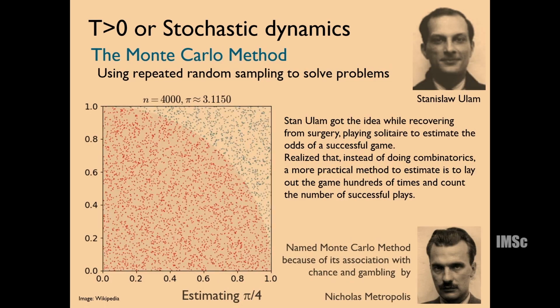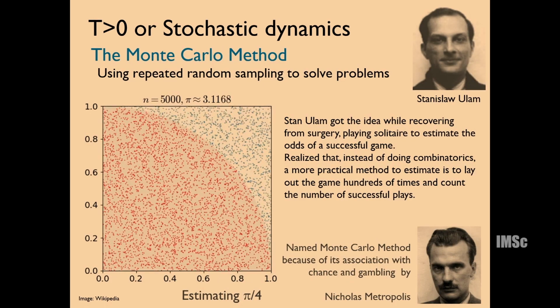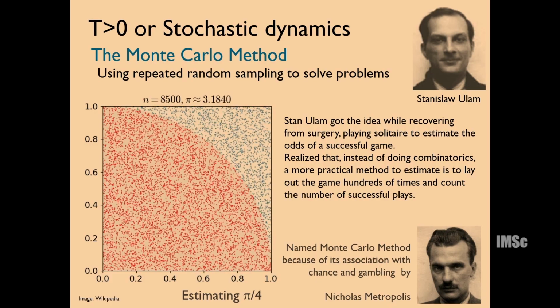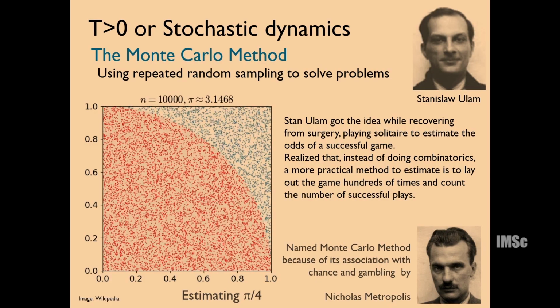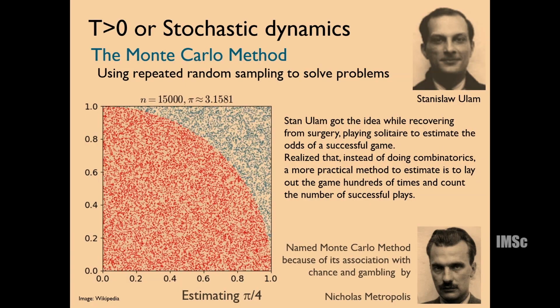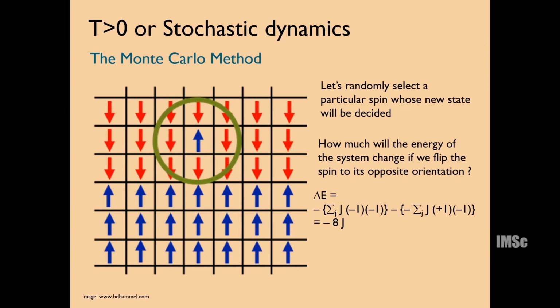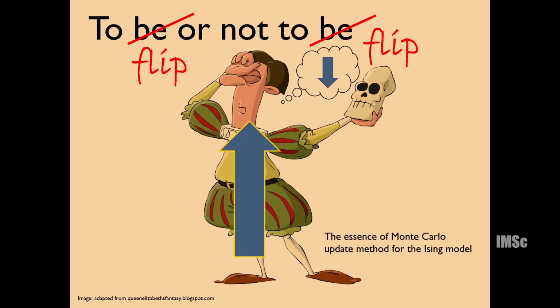So this was basically to show how we do noise simulations by the famous Monte Carlo method, which was first thought of by Stanislaw Ulam while he was recovering from a surgery. And the name Monte Carlo method is because of Nicholas Metropolis, because it's like gambling. So this is a very quick intro to Monte Carlo, where basically the question you're asking is, do I flip or don't I flip?